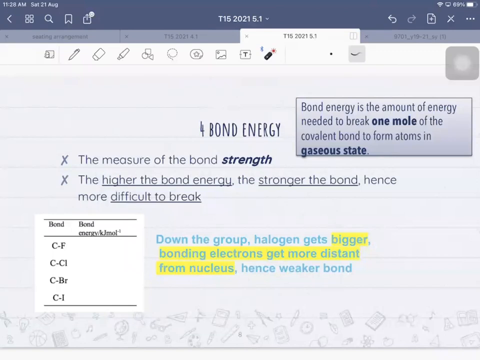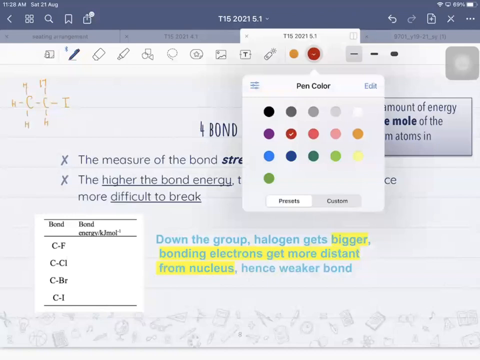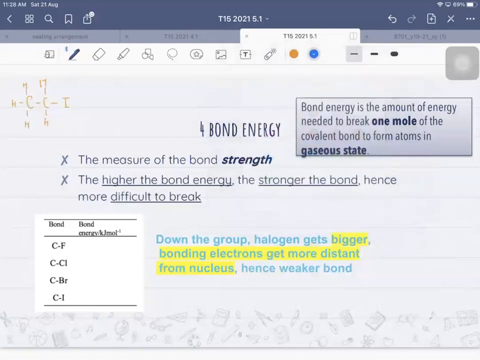I'm going to use a simple example, which is iodoethane reacting with a hydroxide nucleophile. What happens in this reaction is that halogenoalkanes undergo substitution.